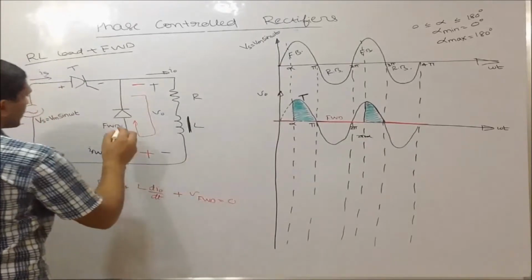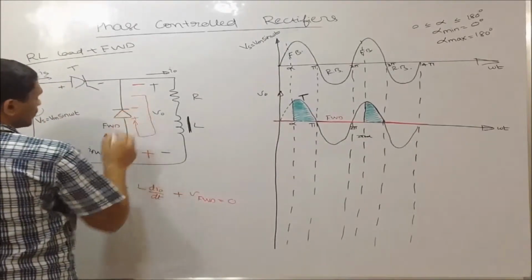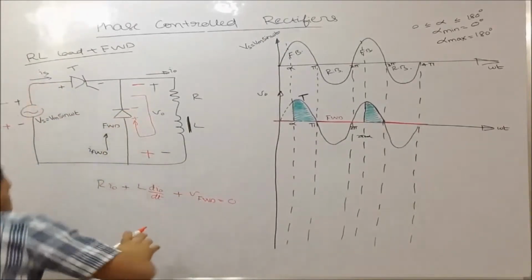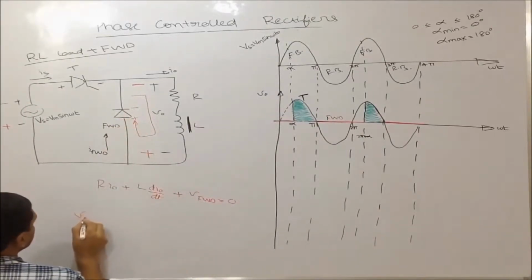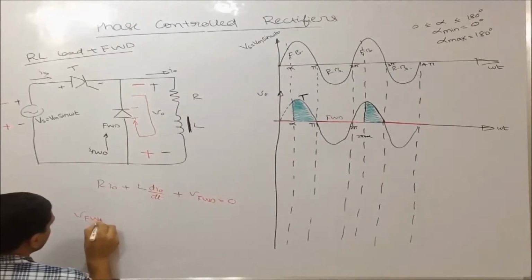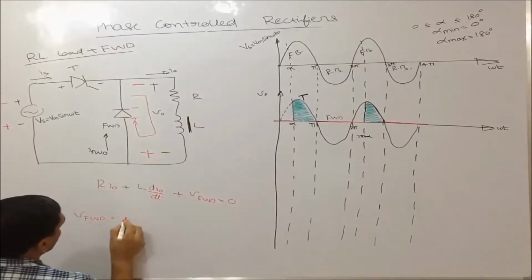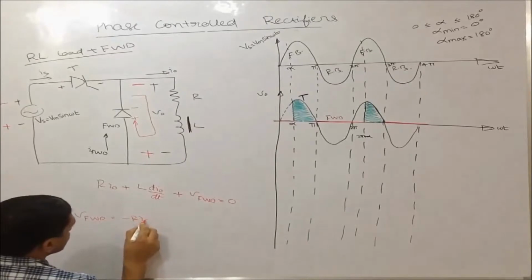This freewheeling diode polarity I have taken in this way. Now, to have the freewheeling diode forward biased, the voltage across the freewheeling diode has to be 1 volt.